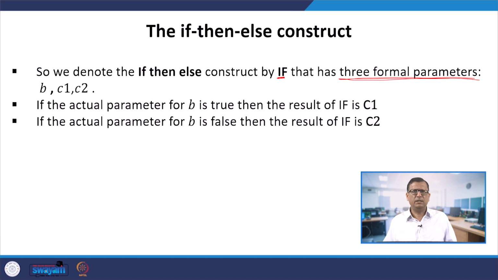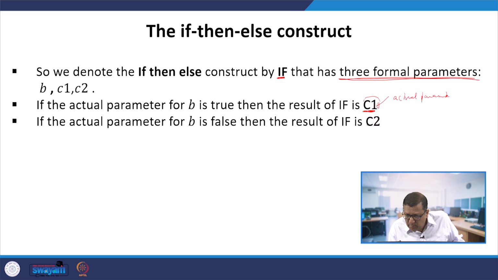So, this is the first thing that we have found. That means if the actual parameter for B is true, the result of if is C1, that we know. The result is C1, which means C1 will be replaced by the actual parameter.